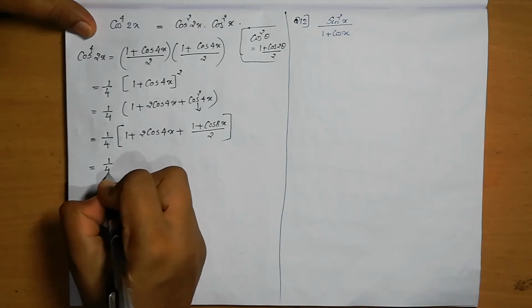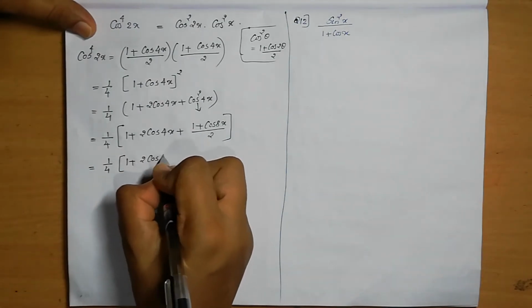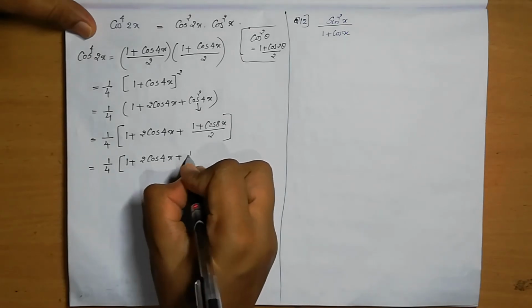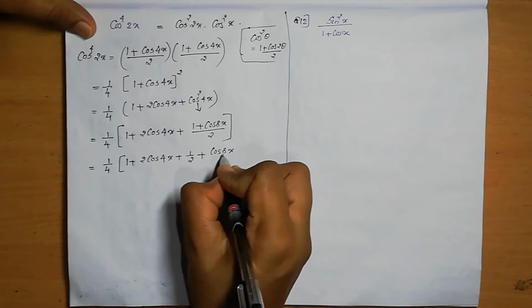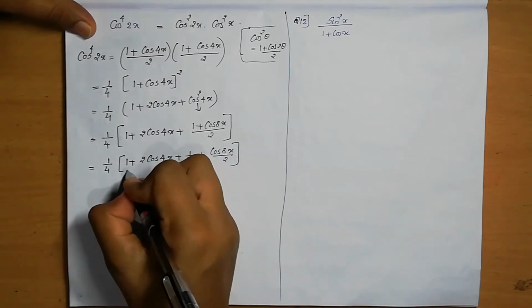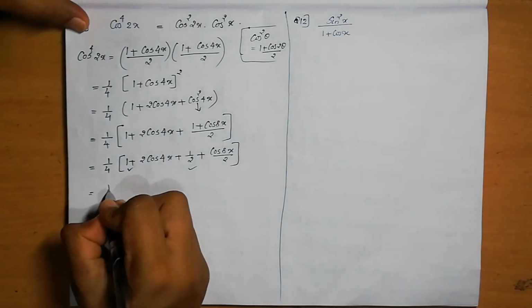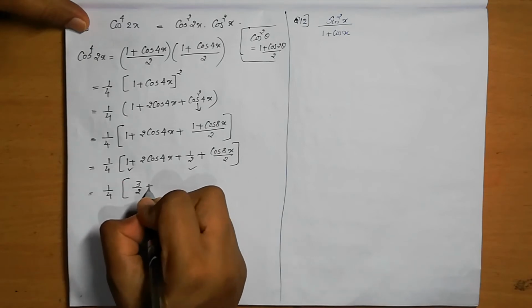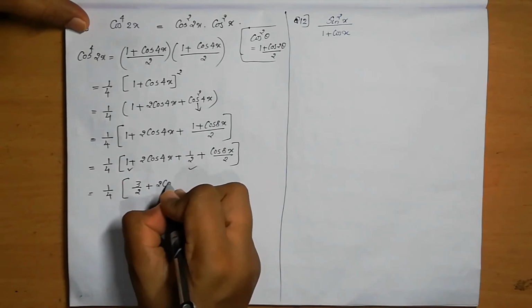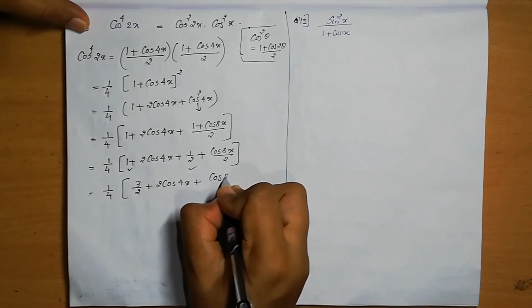That means 1 by 4 into 1 plus 2 cos 4x plus 1 by 2 plus cos 8x by 2. So this 1 and 1 by 2 will add, means what we will get? 3 by 2. 1 by 4 into 3 by 2 plus 2 cos 4x plus cos 8x by 2.